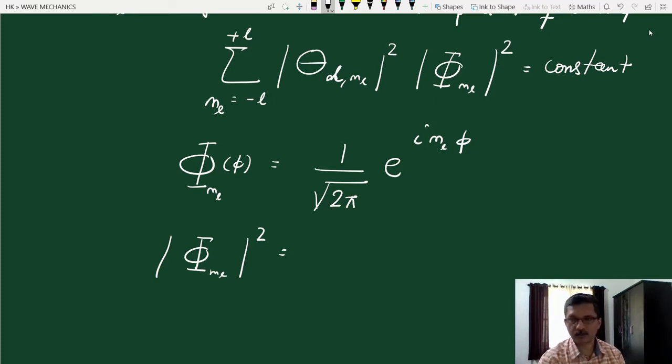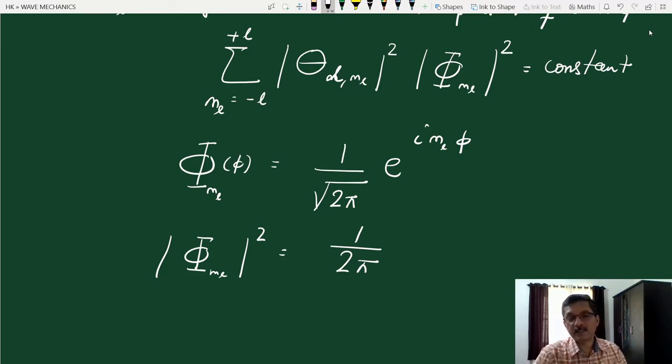When you multiply this with its complex conjugate, you get e raised to i ml phi into e raised to minus i ml phi, and the exponential part becomes 1. So mod phi square is 1 by 2 pi. That means mod phi square is a constant. It is independent of the angle phi.